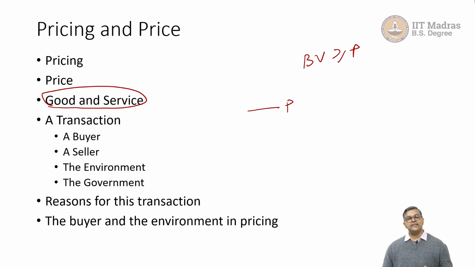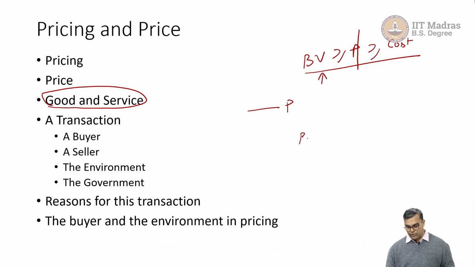Similarly, on the seller side, a cost is involved. That cost has to be less than this price, otherwise the seller will not be willing to sell that product. So, if we take out this price, what is happening in society is that a good is going to a buyer who has a value of BV and someone is incurring a cost.